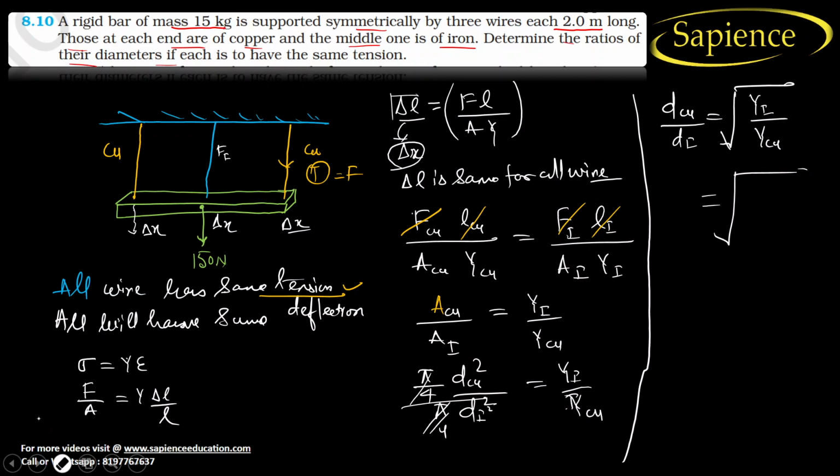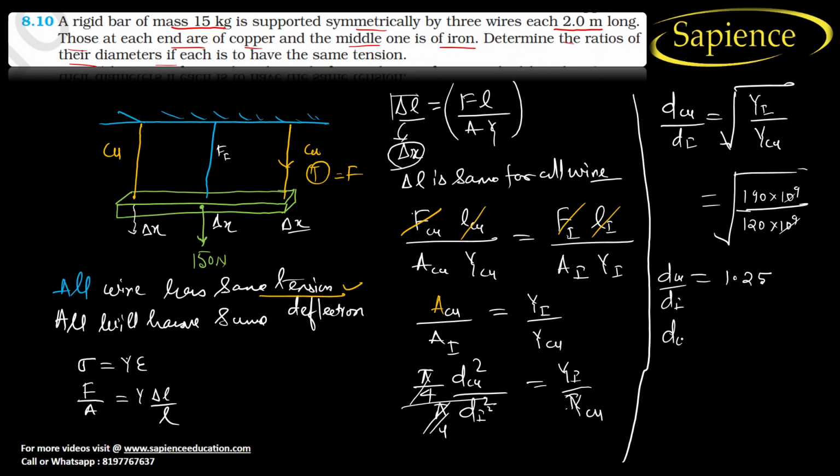For iron, Young modulus of elasticity is 190 into 10 to the power 9, divided by Young modulus of elasticity for copper, which is equal to 120 into 10 to the power 9. So when we do this calculation, we get the ratio approximately equal to 2.5 times, diameter of copper divided by diameter of iron.